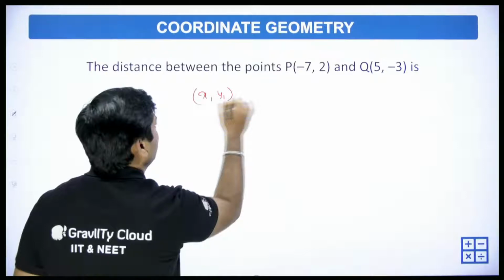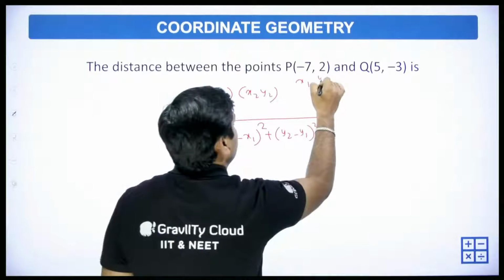So the formula for distance is equal to root over (x2 minus x1) whole square plus (y2 minus y1) whole square. It is x1, y1 and this is x2, y2. That will give you root over (5 minus of minus 7) whole square plus (minus 3 minus 2) whole square. So 5 minus of minus 7, that is 5 plus 7, is 12.